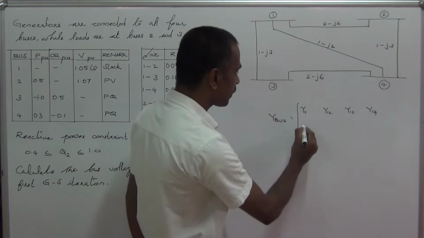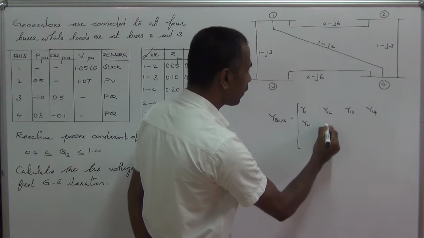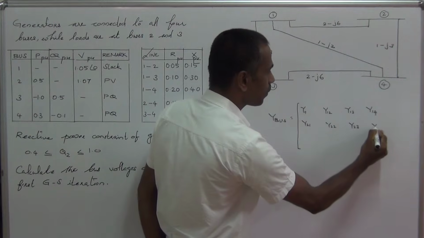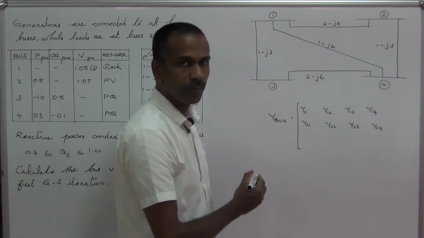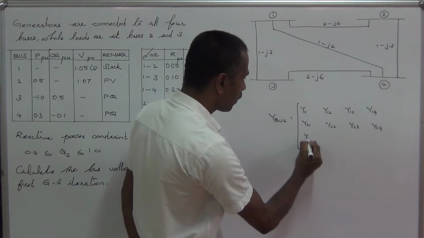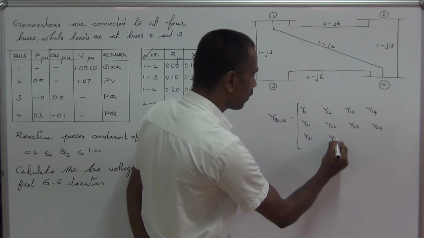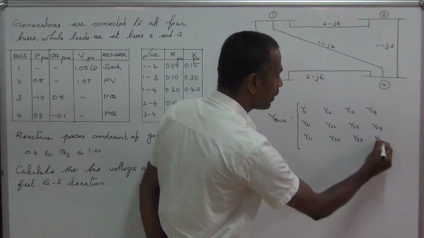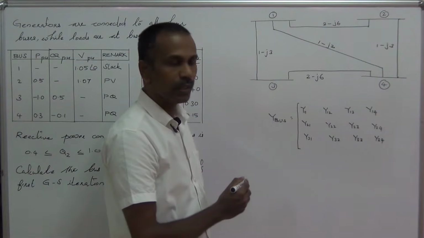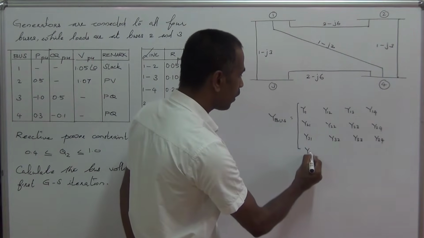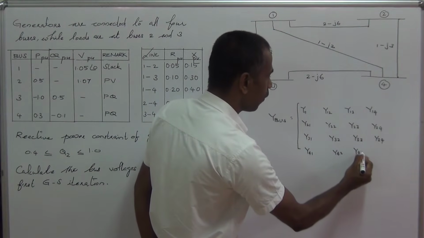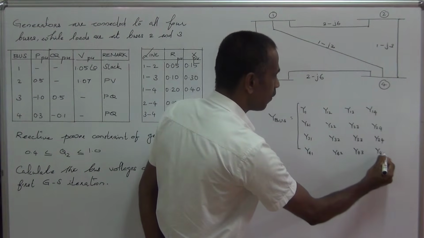The second row is Y21, Y22, Y23, Y24. The third row is Y31, Y32, Y33 and Y34. The fourth row is Y41, Y42, Y43 and Y44.